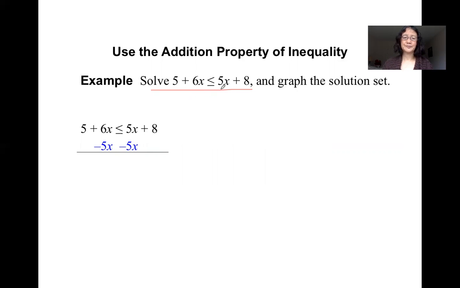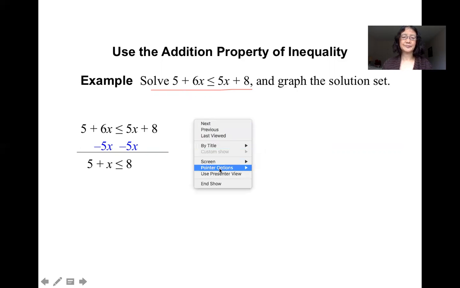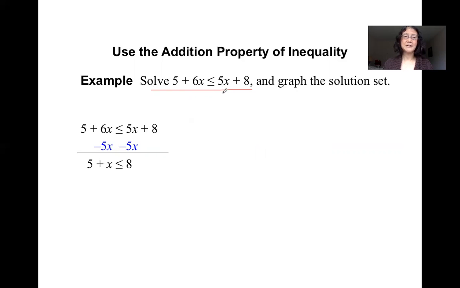First, on both sides of this inequality, we subtract 5x. The left-hand side: you collect like terms of 6x and -5x, and you get x plus 5. On the right-hand side, 5x minus 5x cancels out, so you only have 8.